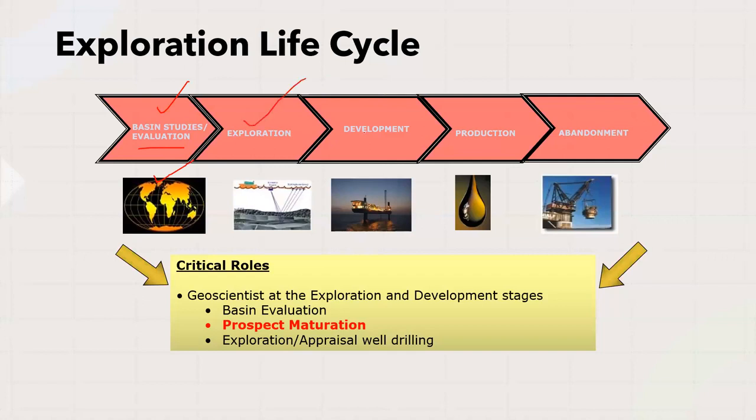Then you go for exploration, which means acquisition and processing. So prospect maturation comes in the exploration part. Then once a prospect is found, it goes for development, production, and abandonment. That is not part of prospect maturation, because we have to be very sure where we are, where we have to work, and what our target is.